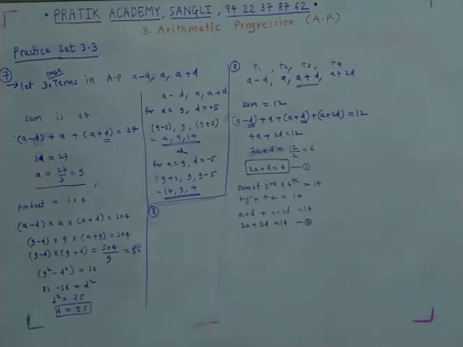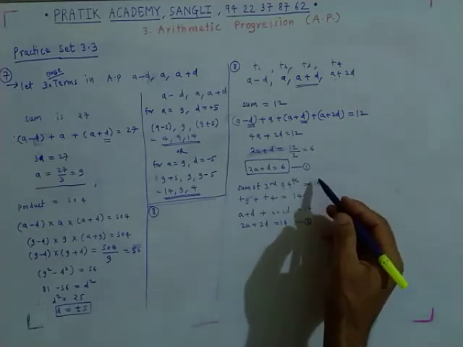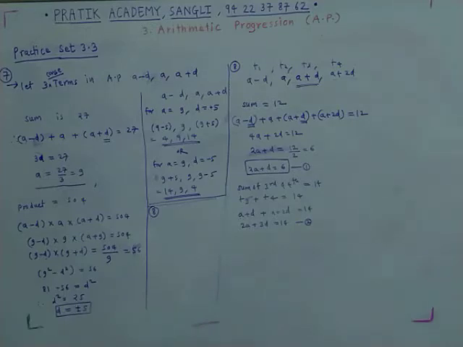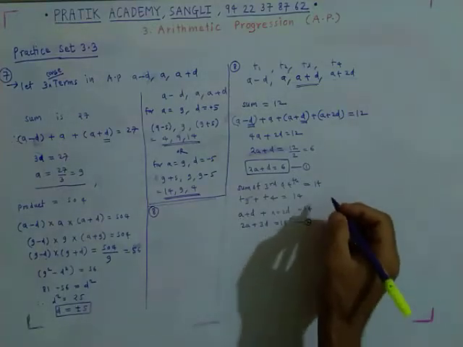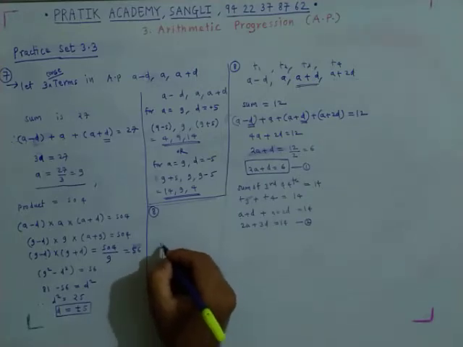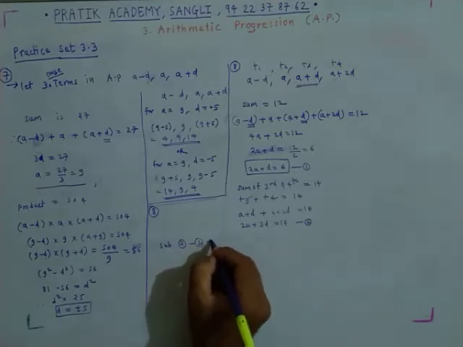Now we have to solve these two linear equations by the simultaneous method. So let's solve 1 and 2. Subtract equation 1 from 2.